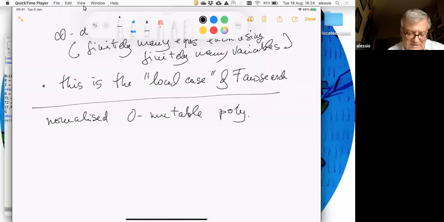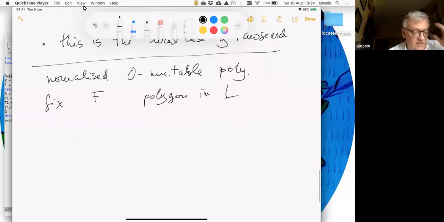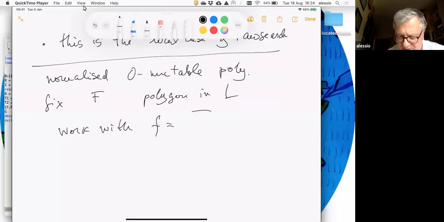So fix F, a polygon in this L. We'll have really concrete examples shortly. And we're going to work with Laurent polynomials. So f, I'm going to write it as a sum over l in F intersection the lattice of some coefficient times the monomial x to the power l.